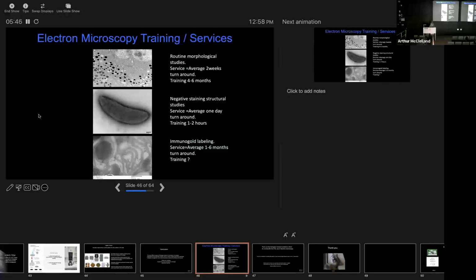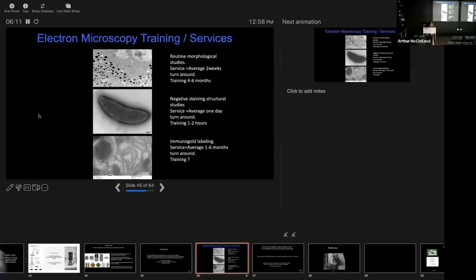For negative staining, structural studies, the service would be a 1-day turnaround time. You give me samples, I'll give you pictures probably the next day. Training is going to last 1 to 2 hours, less if you already know how to use the microscope. Immunoglobulin labeling, if we're going to do that as a service, you do have to plan 1 to 6 months, which would not be out of line from beginning to end.